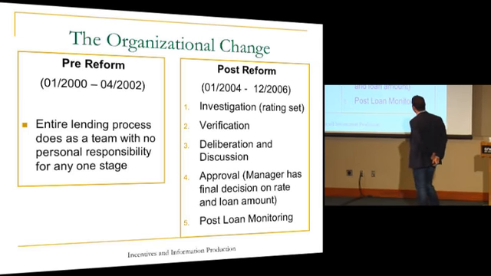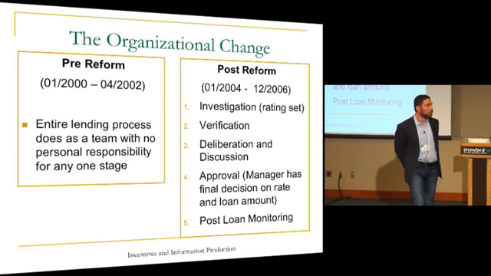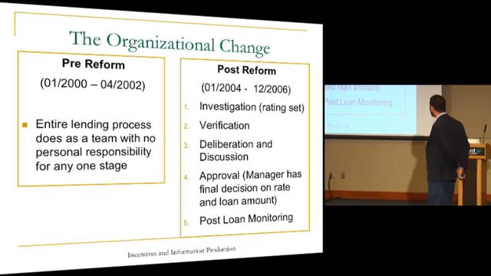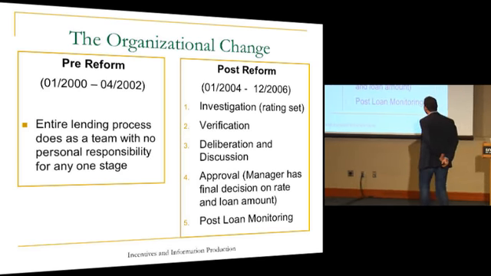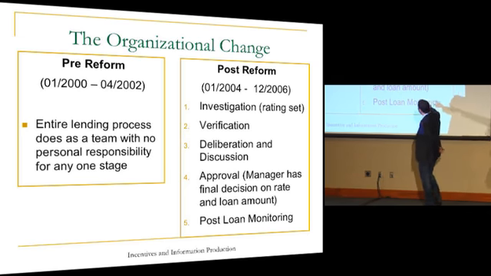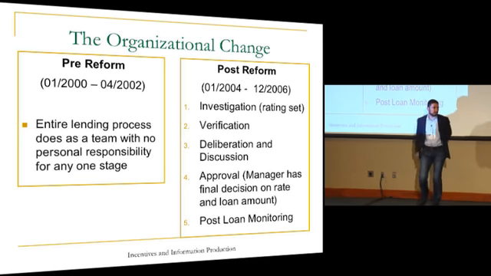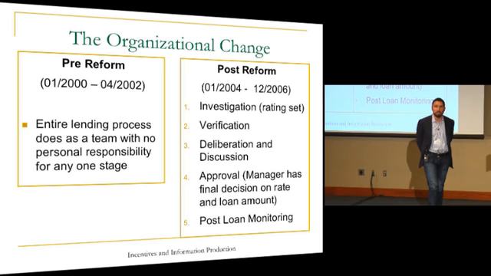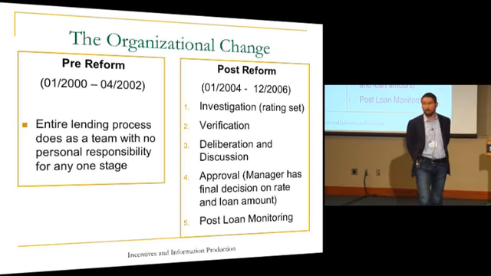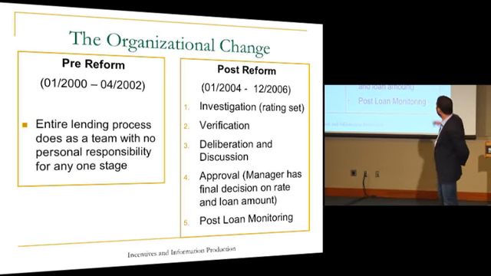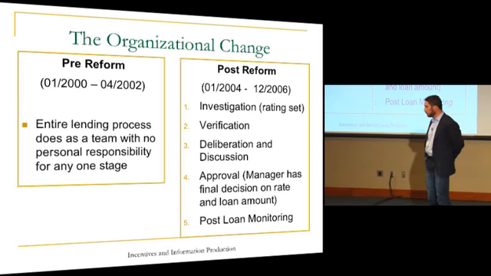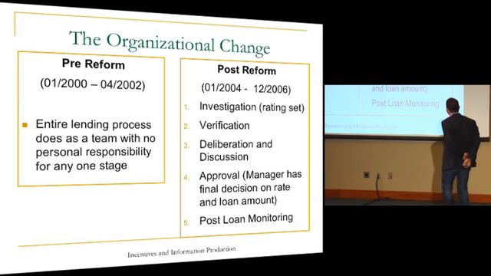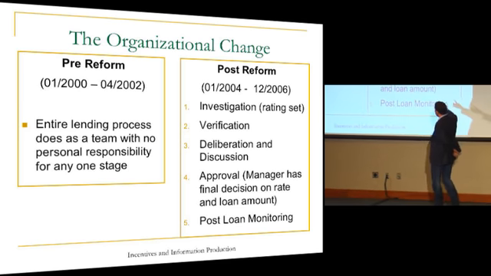Then there are steps of verification, which I think is checking up on the information that's been obtained, and deliberation, and then ultimately the manager at the branch will approve the terms of the loan. He's using the credit information that they've gotten from the investigator, and particularly the rating. So we're looking at whether or not that rating becomes more useful in setting those credit terms.